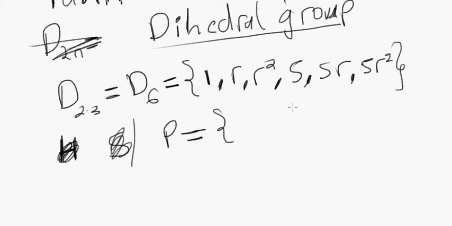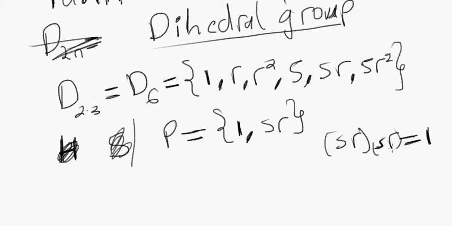Well, one obvious subgroup we have is just 1 and SR. 1 and SR is a subgroup. Why? Because all elements of the form SR have order 2. So SR times SR is indeed the identity.